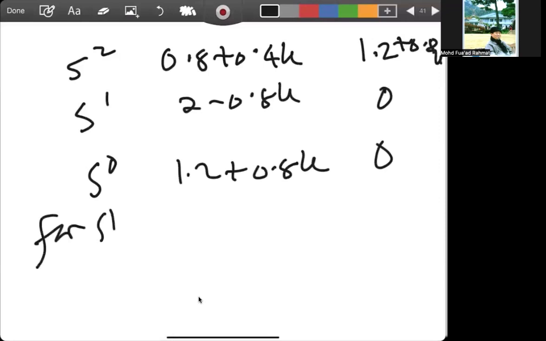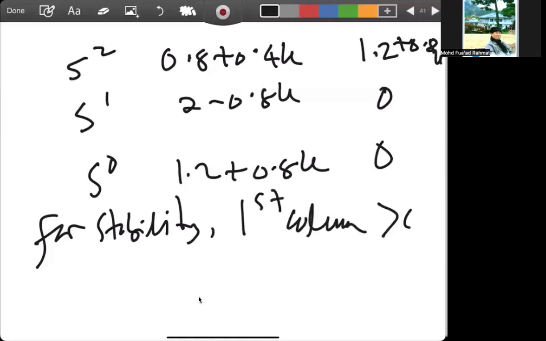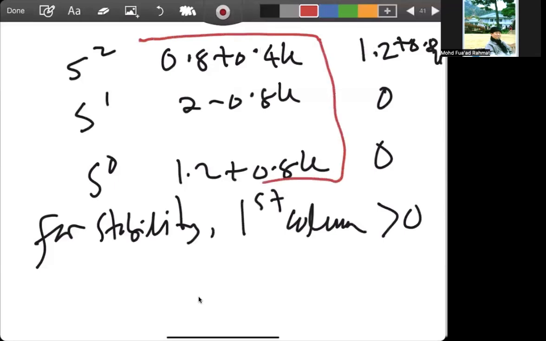So for stability, the first column must be greater than 0.